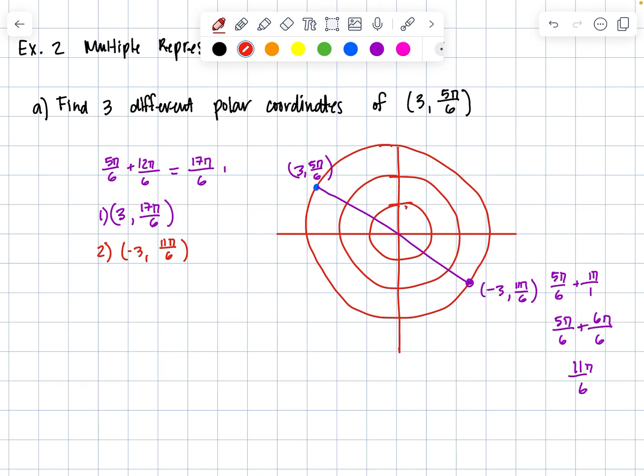And then lastly, we could actually use negative radians. So I'm going to erase that one, just so I could illustrate this clearer.